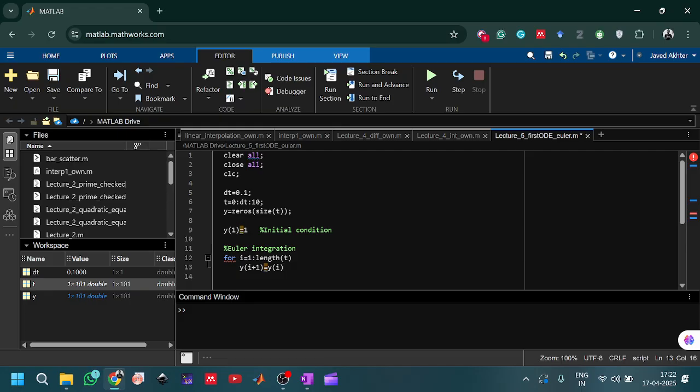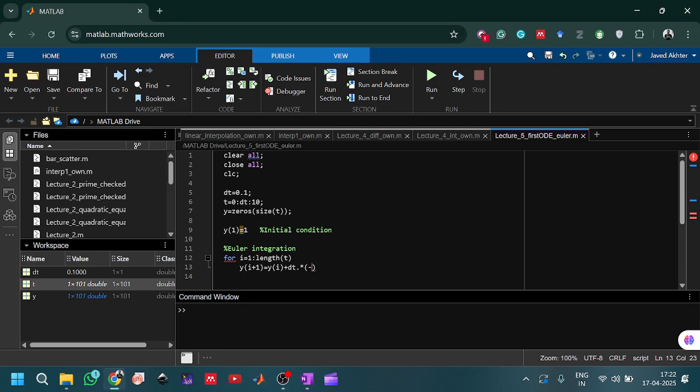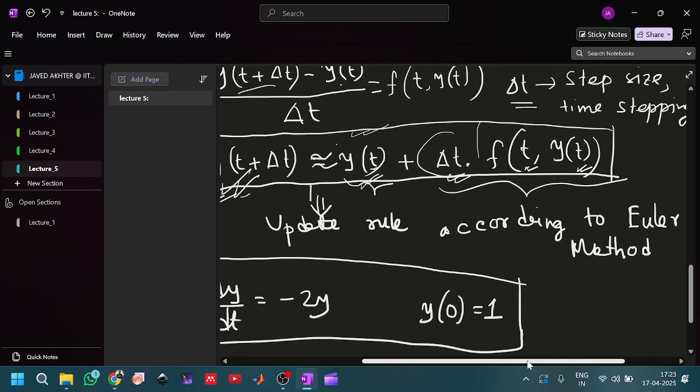Here we have a simple function, so that is why we can write it here: plus dt, which will be multiplied with the function. Minus 2t was our function. Let me check it again. Okay, so minus 2y. So minus 2 times y, and what is y? In the function you have to use this value.